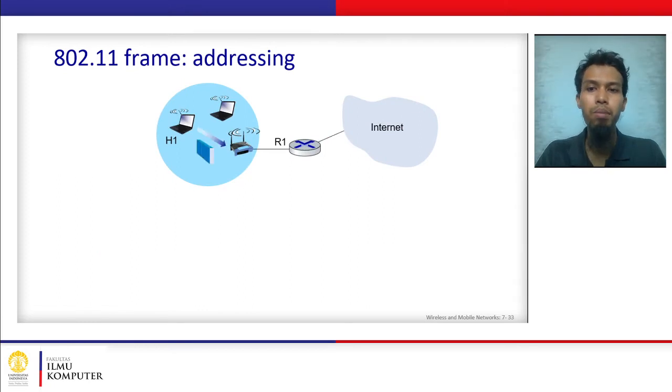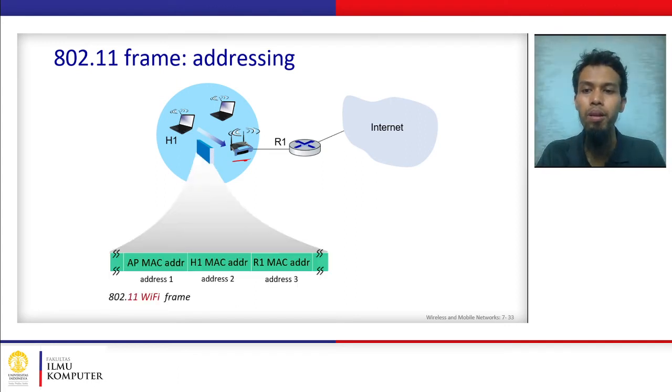Now let's see the examples. For more detailed examples, there is a tutorial provided for you that shows different address 1, 2, and 3 for different scenarios. When host 1 is sending data to the access point through wireless LAN, we are using the 802.11 frame.